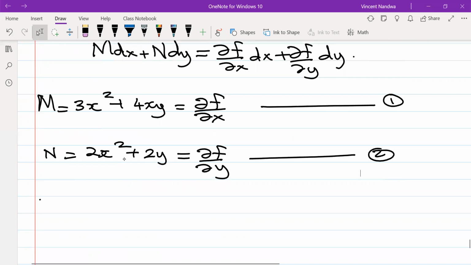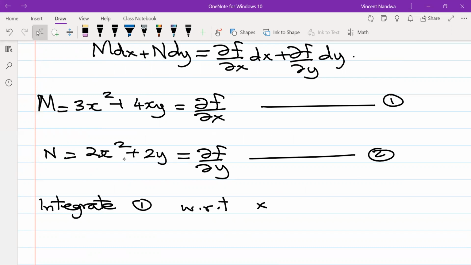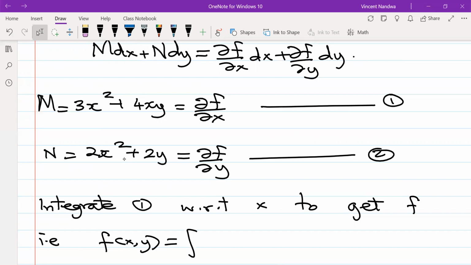Now we integrate equation 1 with respect to x to get f, i.e. f(x, y) equals the integral of (3x² + 4xy) dx.